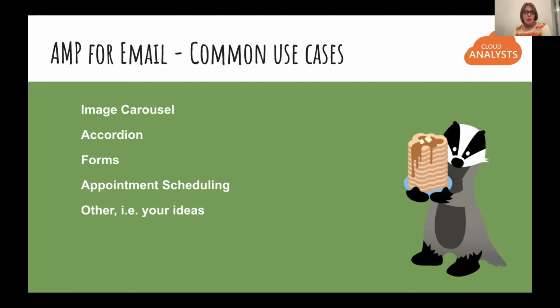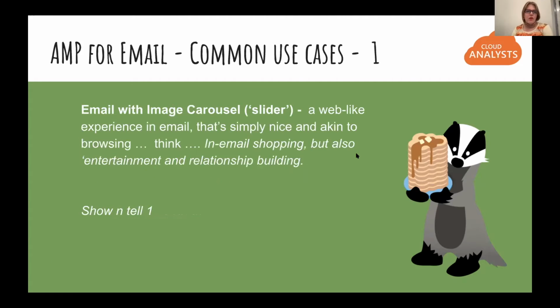Then we have forms and appointment scheduling, and beyond that, there are many more ideas. Since you're in this audience, a good idea is to simply get started today. And at the end, I'm going to give you the resources on where to go to get started. So let me start with the first one, an email with an image carousel.